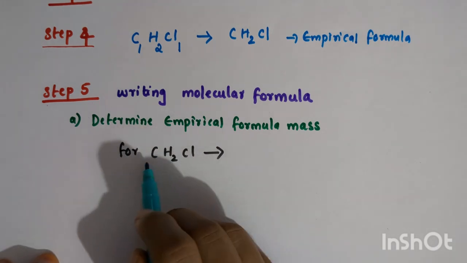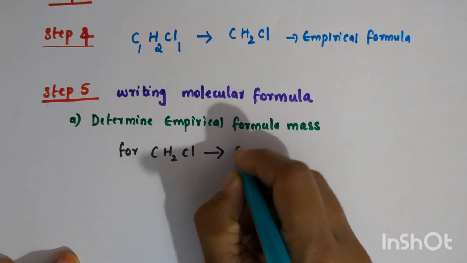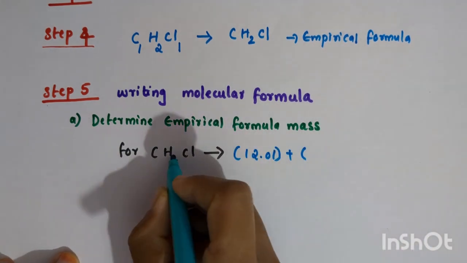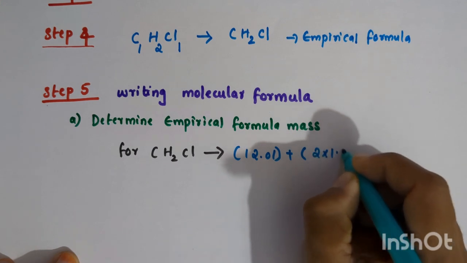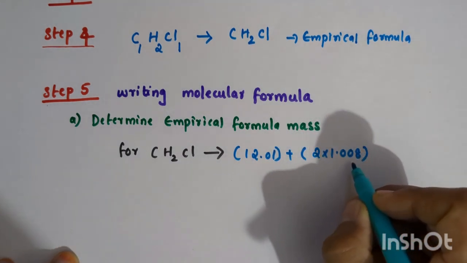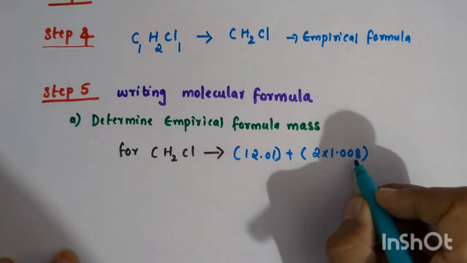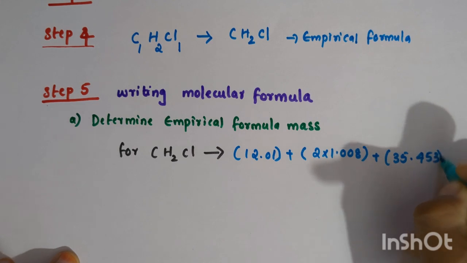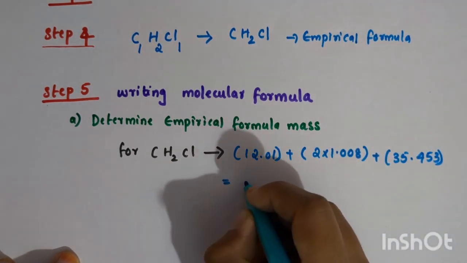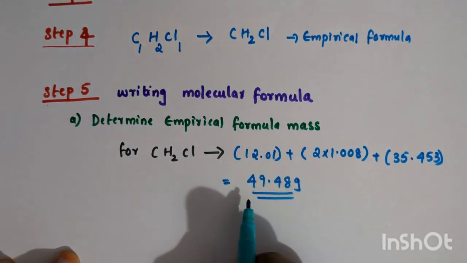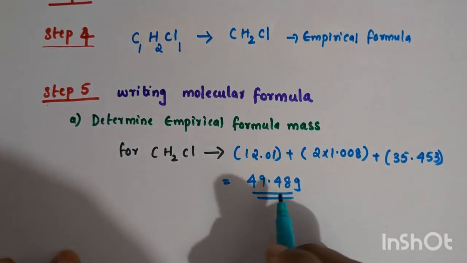So in the empirical formula, we have 1 carbon, so its atomic mass is 12.01 gram, plus there are 2 hydrogen atoms, so 2 into 1.008 gram, because the mass of 1 hydrogen atom is 1.008, plus 1 chlorine, that is 35.453 gram. When you add all these, you will get 49.48 gram.